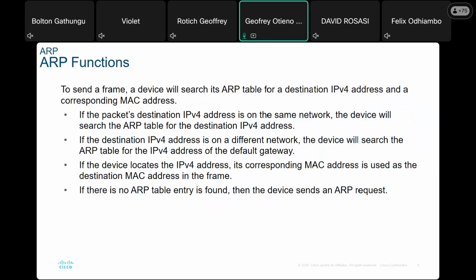It separates the network. So two different networks there. In that case, I will target the immediate device that connects me, that is the router. And that's what they're saying: if the destination IPv4 address is on a different network, then the device will search the table for the default gateway.